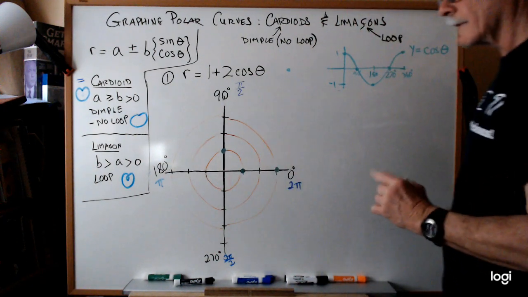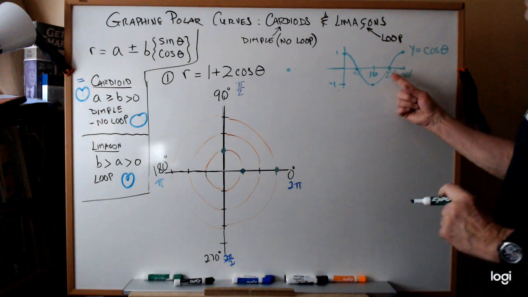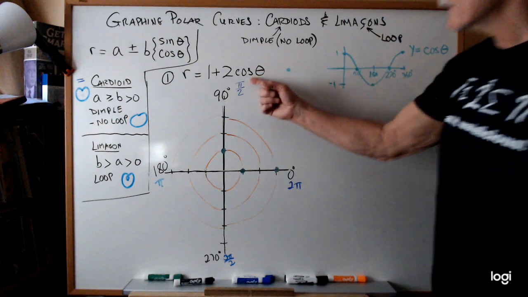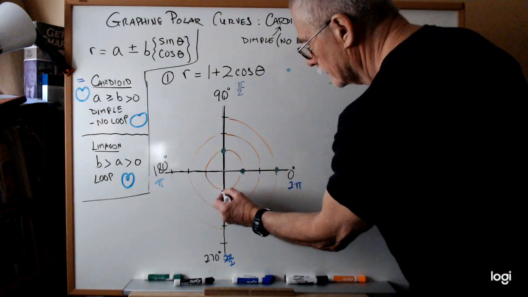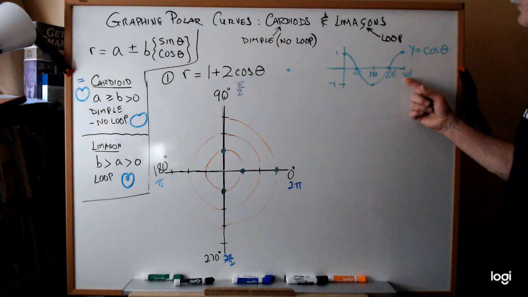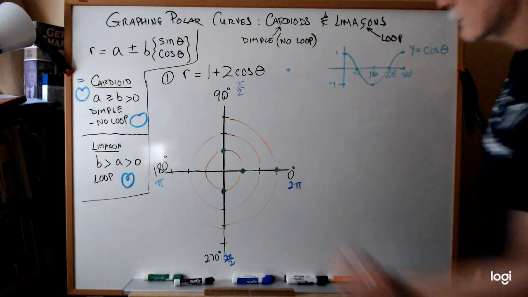We'll talk about that later. Okay, and when theta value is 270, the cosine is 0, so we get another 1. And when we go back to 360 or 2 pi, you get a value of 3 again.